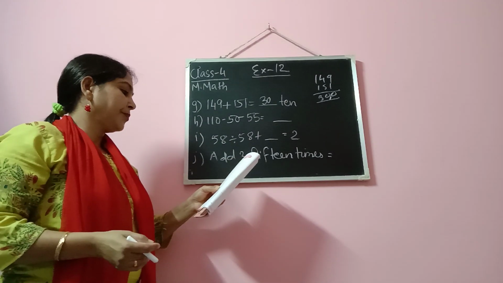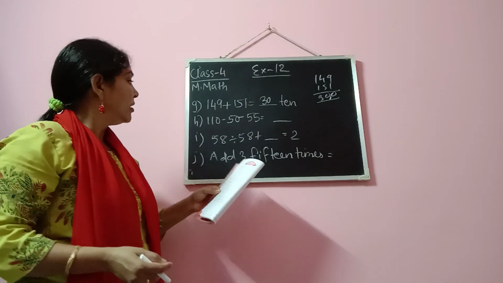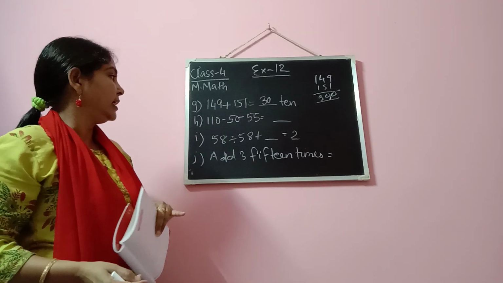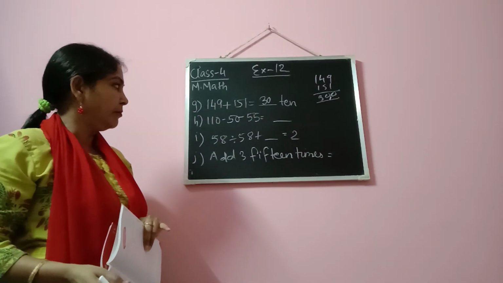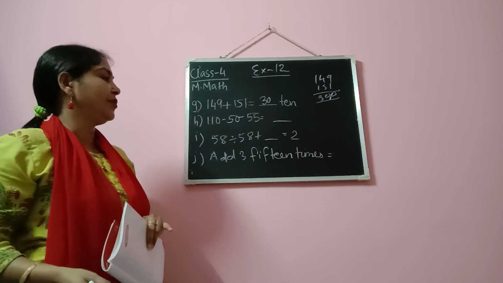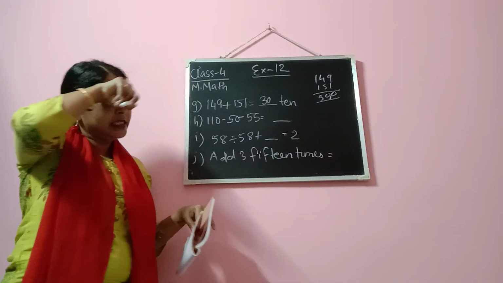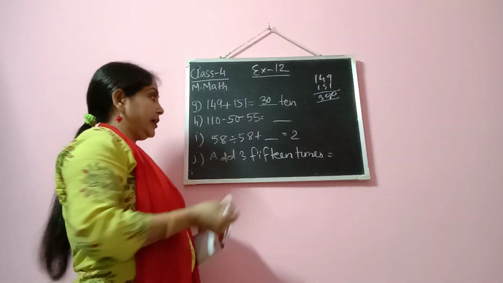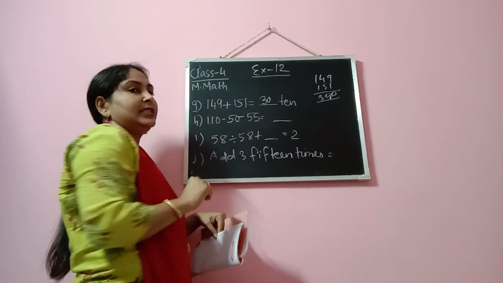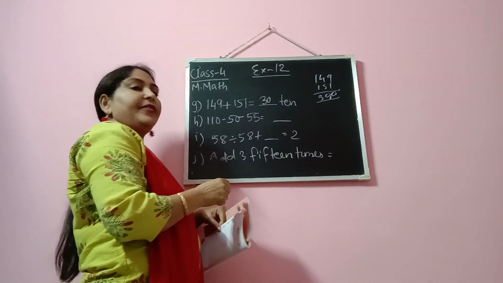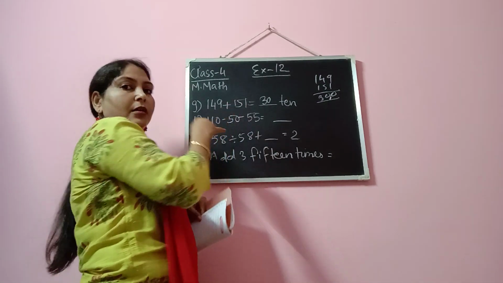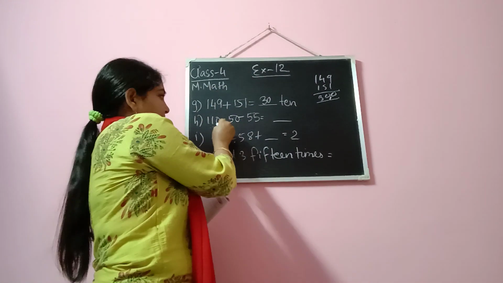Next is H. 110 minus 50 minus 55. So how will we do this? There is one process through BODMAS also that we can use. We can add these two numbers and subtract from 110. But we will not do it this way. We will go step by step.